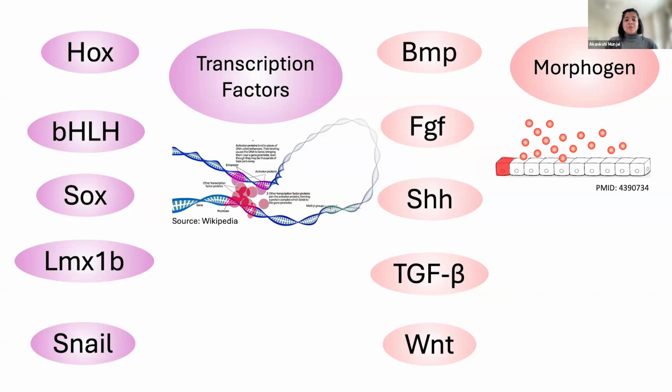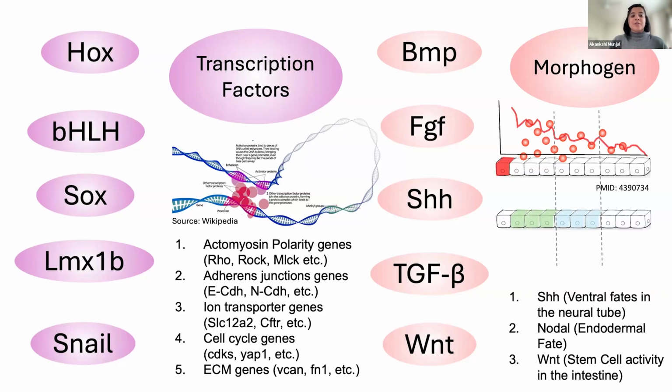And of course, through decades of very careful and very technically challenging gain of function, loss of function experiments, the community has revealed in remarkable detail what these transcription factors and morphogens are affecting: the downstream genes, their polarity effectors, the biochemical processes that are ultimately driving cell behavior or cell fate decisions. So this sort of gene by gene analysis brought us really far.